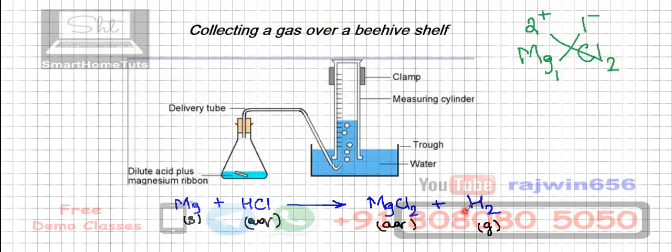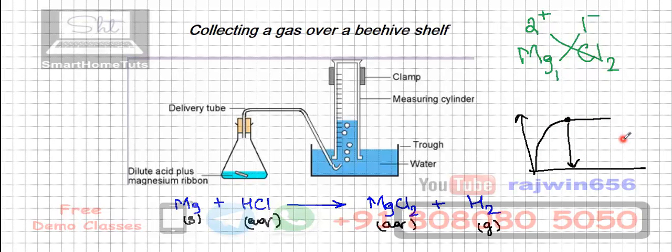So hydrogen gas is going to get collected over here, and in the same way we are going to measure the rate of reaction by plotting the graph of volume of gas collected, and at this instant the reaction is going to stop.